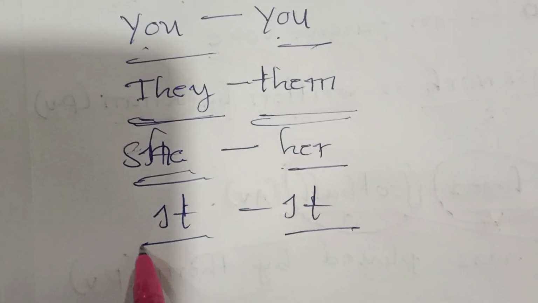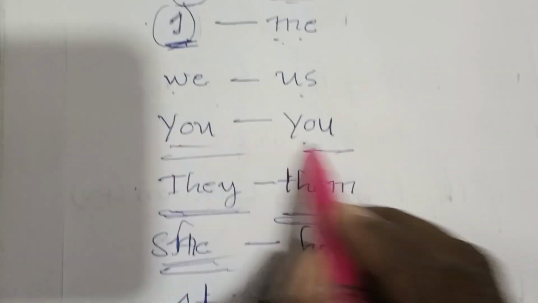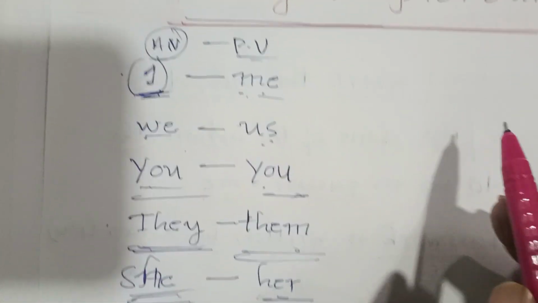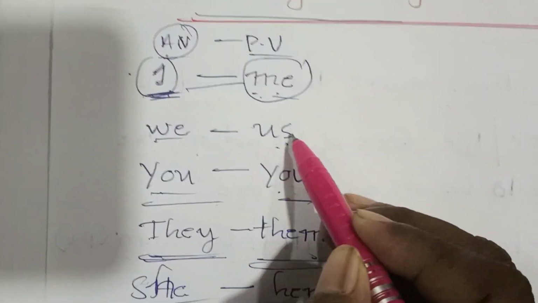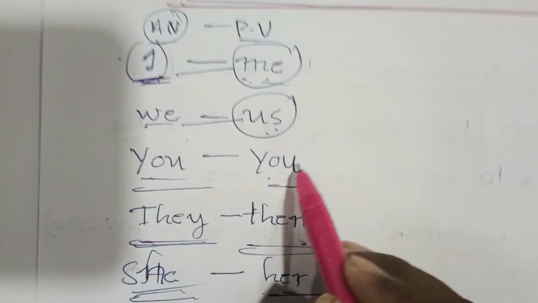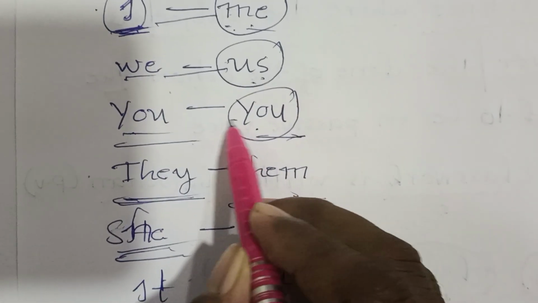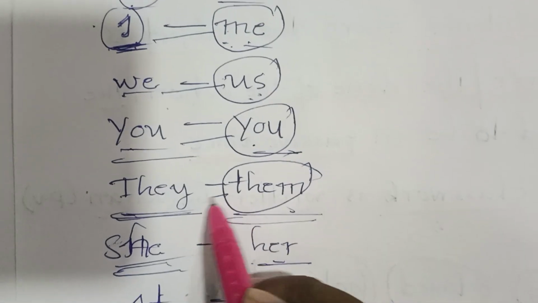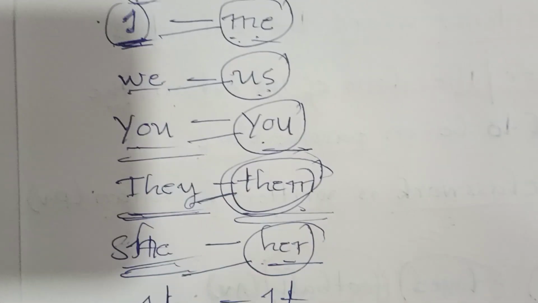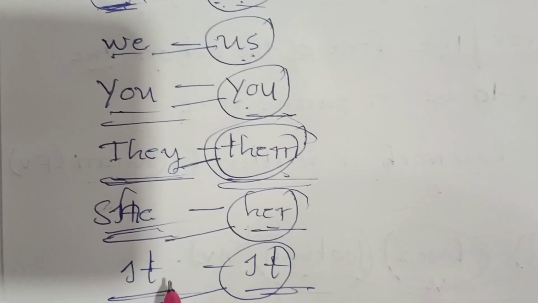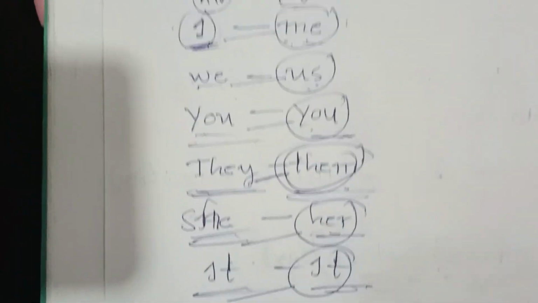This is a process. Conversely, in a sentence, if the object is me, it changes into I, us into we, you into you, them into they, her into she, it into it. This is a process.